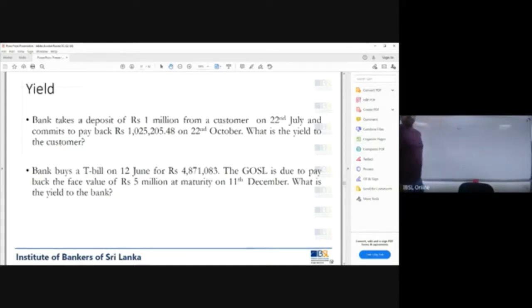The bank takes a deposit of 1 million from a customer on 22nd July and commits to pay back 1,025,205 cents 48 on 22nd October.